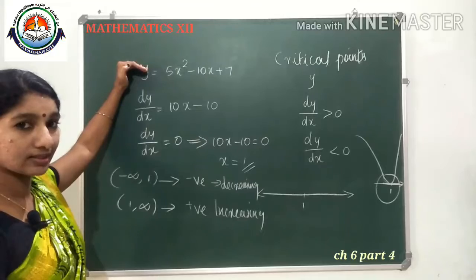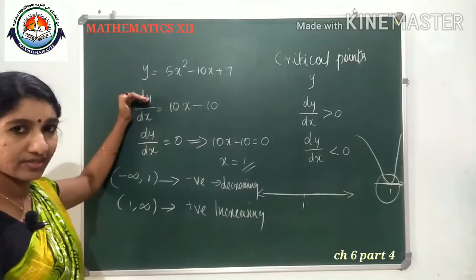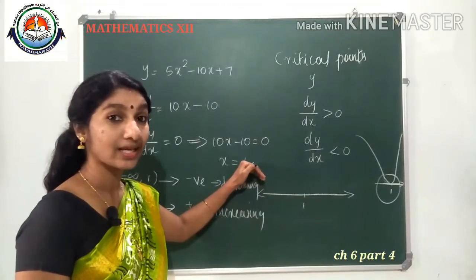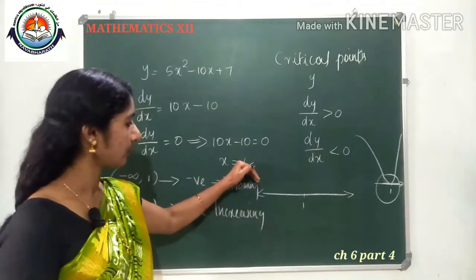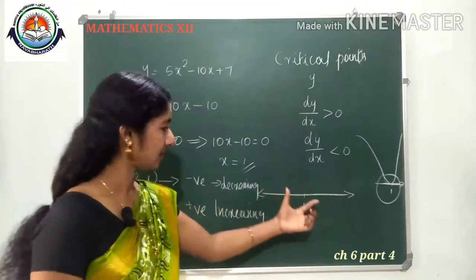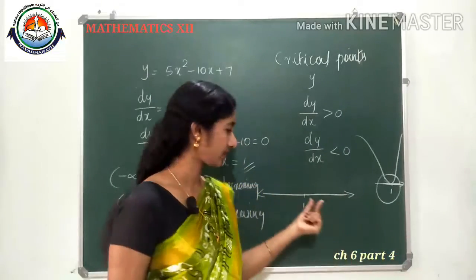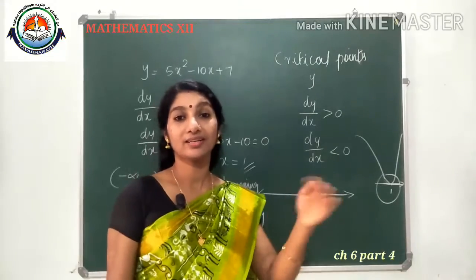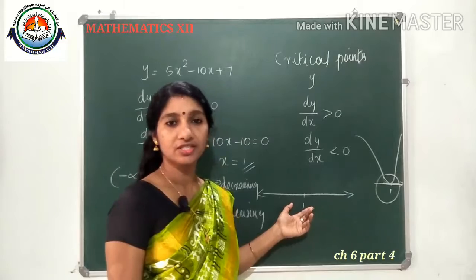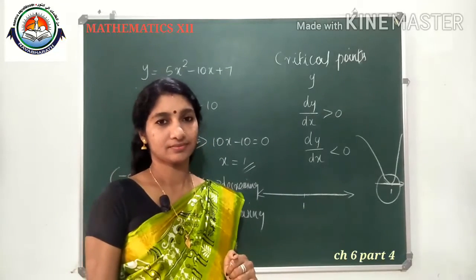If you are given a curve, find its first derivative, put it equal to 0, and get the critical points. Mark those critical points on the real line, and you will see how many intervals there are. Then in each interval you check whether the function is increasing or decreasing.